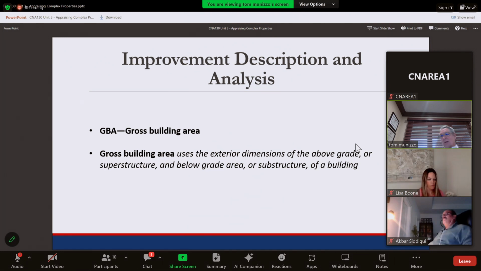Let's get to our definition of gross building area. This is a little bit different from the lower states here, but gross building area uses the exterior dimensions of the above grade or superstructure or below grade of a building.